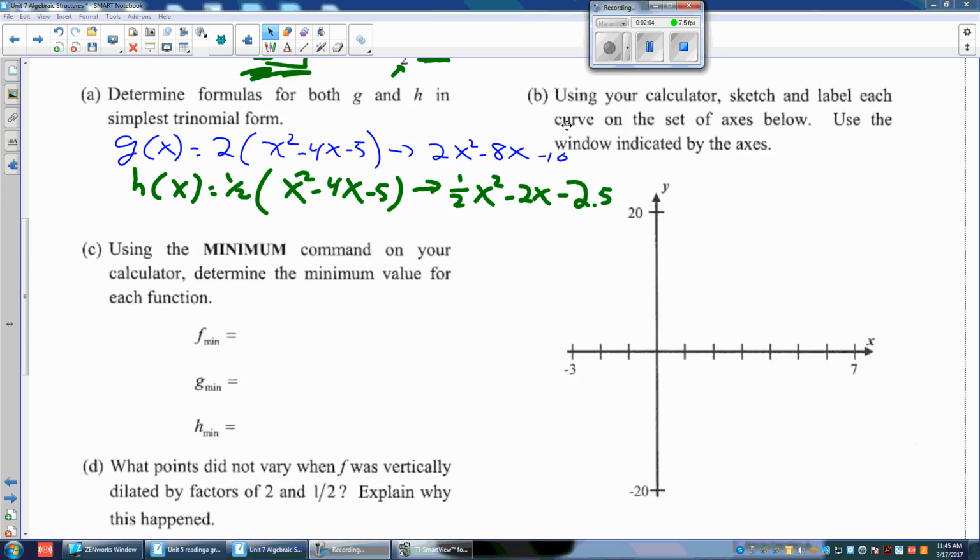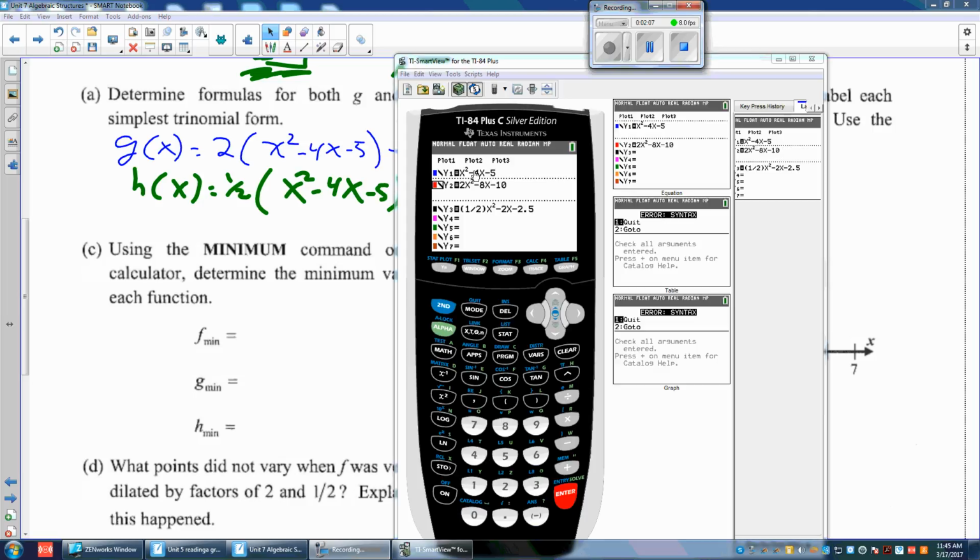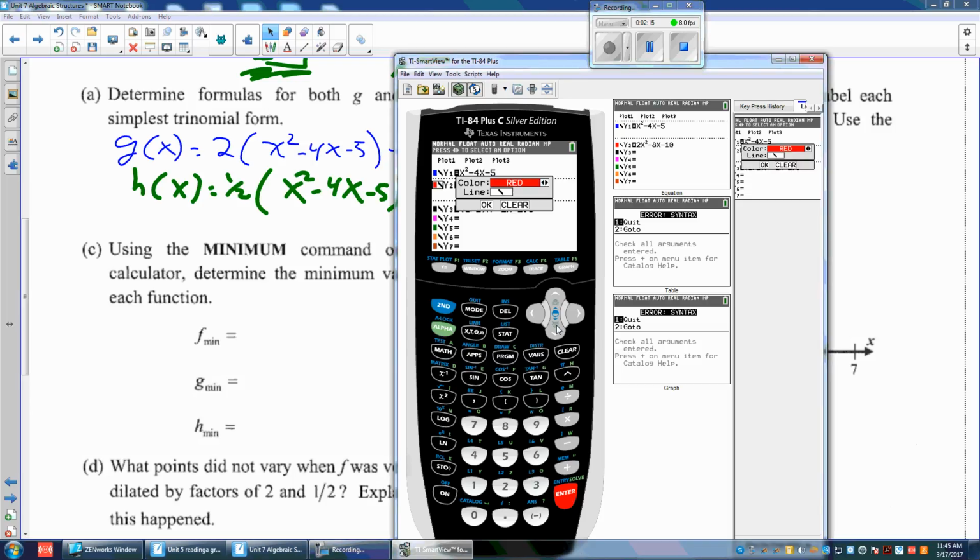Question B says, using your calculator, sketch and label each curve in the set of axes below. So let's pull up the calculator. Here's the calculator, and I put in each of the equations. Now I'm going to change the red one to make it a little thicker line. There's the thin line, there's the thicker line. Go to OK, hit enter.